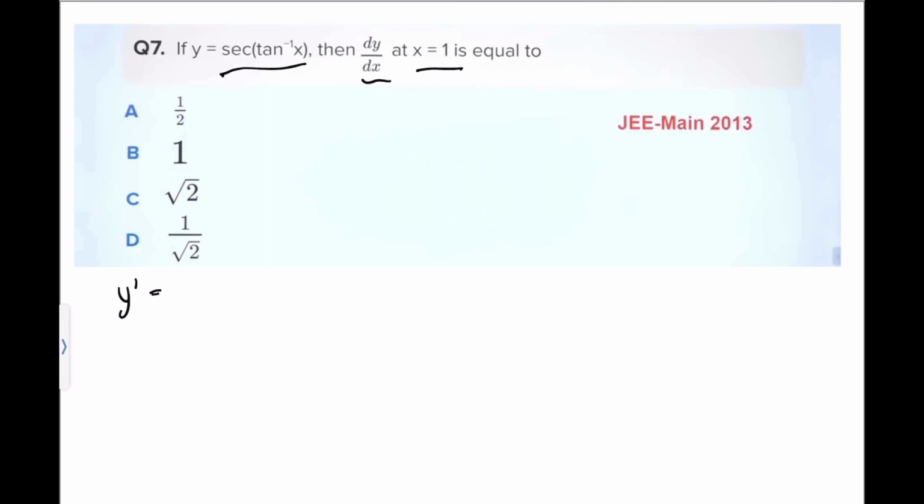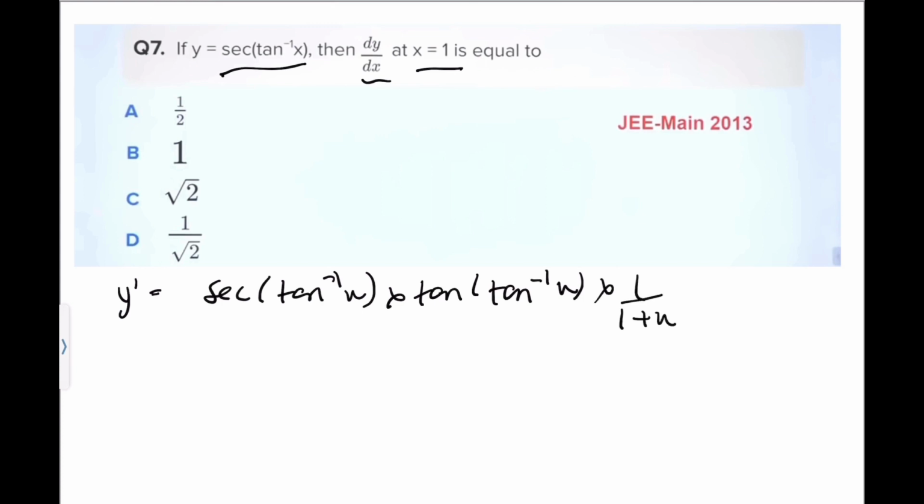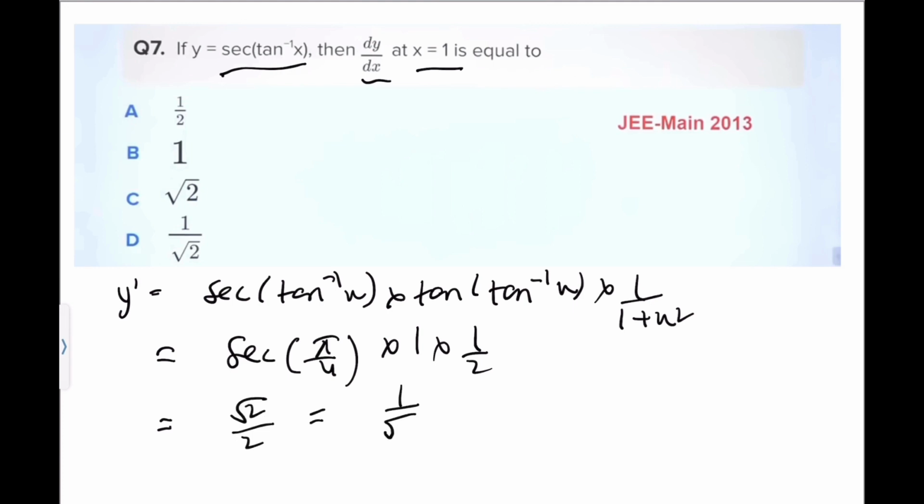It will be sec(tan⁻¹ x) times, by chain rule, tan(tan⁻¹ x), and the differentiation of tan⁻¹ x will be 1/(1 + x²). Putting x equals 1, we will have sec(π/4) multiplied by 1 multiplied by 1/2. So the final answer will be √2/2, which is 1/√2.